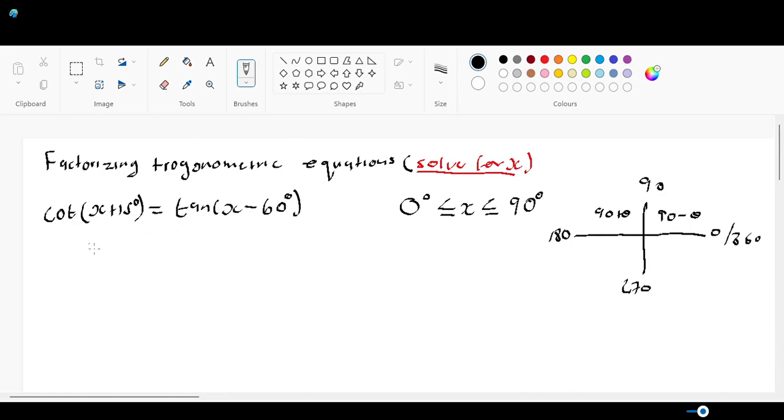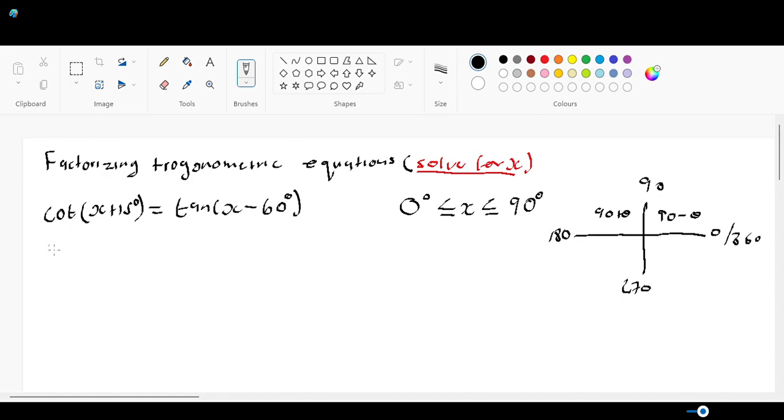So when you change this, you use the co-ratio rule, guys. Like I said, there's a video on the icon there where we explain the co-ratio rule. So now it's up to you. I'm going to change the one on my left. I think it's easy. I'm going to change cot to tan.